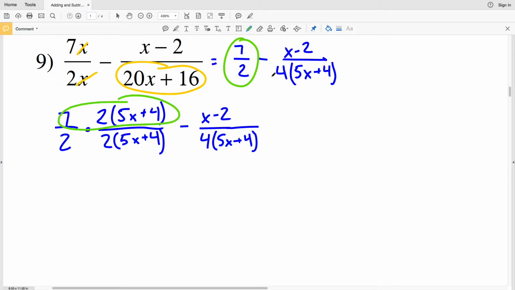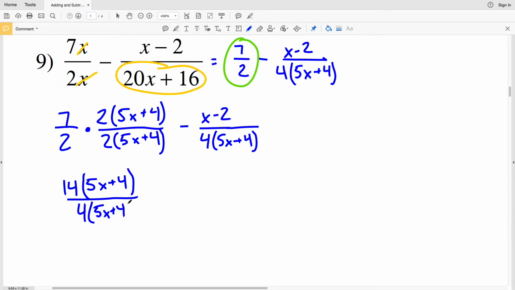So now looking at our numerator, 7 times 2 will be 14, so we'll have 14 times 5x plus 4 over 2 times 5x plus 4, which is 4 times 5x plus 4, minus x minus 2 over 4 times 5x plus 4. So now you can see our denominators are indeed the same, so we can subtract the numerators over the same denominator.